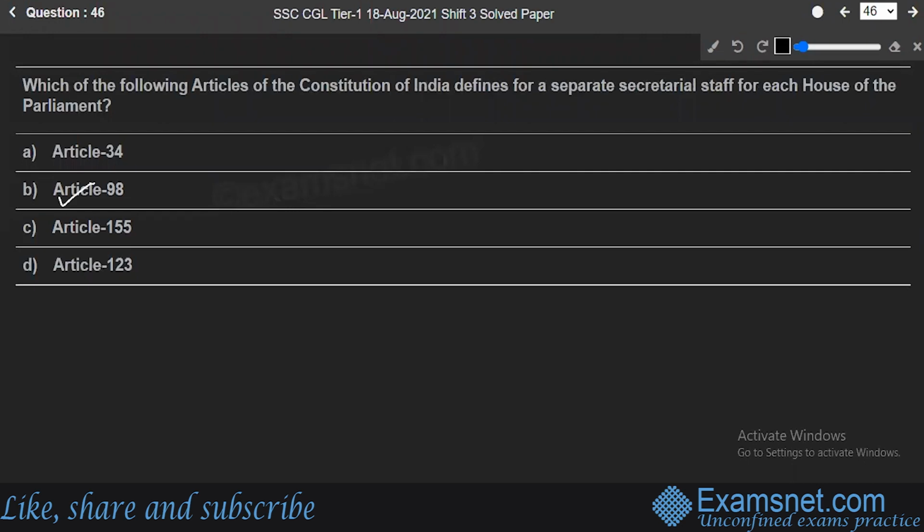This article of the Constitution of India defines a separate secretarial staff for each house of parliament.